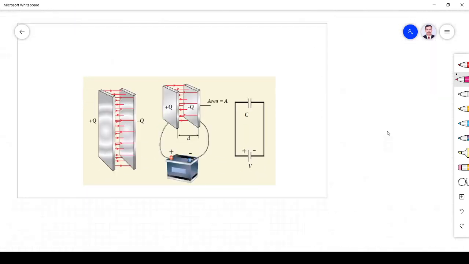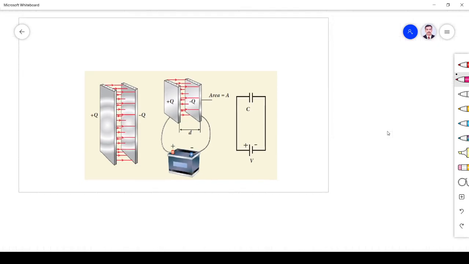The next thing is, this is a parallel plate capacitor. You see one side is plus Q and the other side is minus Q. We know that electric field lines always go from plus to minus. That's why the arrow mark is in this direction. When you connect a parallel plate capacitor across a battery, what happens?